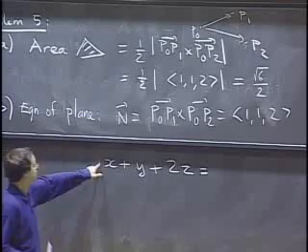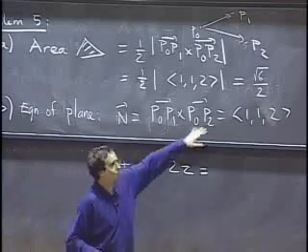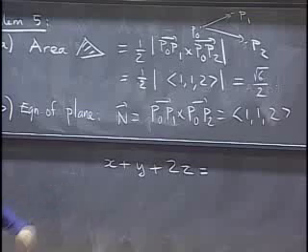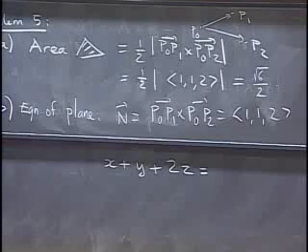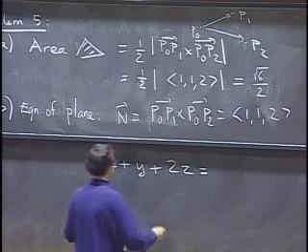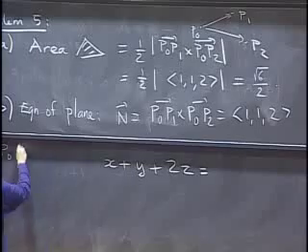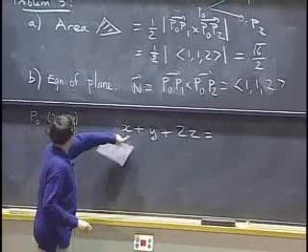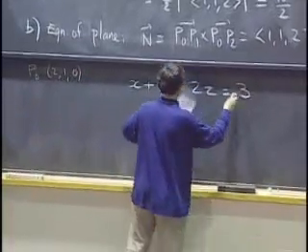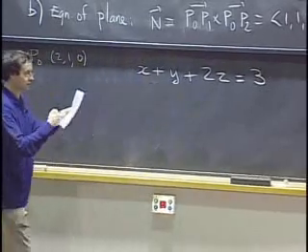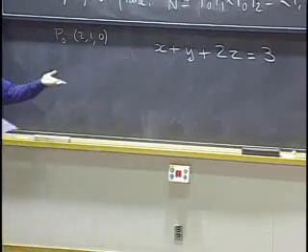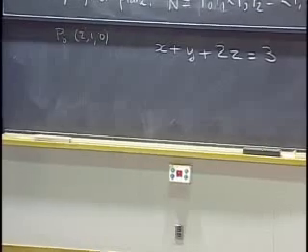Just the coefficients here come from the normal vector. And to find what goes on the right-hand side, we just plug in any of the points. So if we plug in P0, which is 2, 1, 0, then 2 plus 1 seems like it's 3. And if you want to double check your answer, you can take P1 and P2 and check that you also get 3. It's a good way to check your answer. Okay?